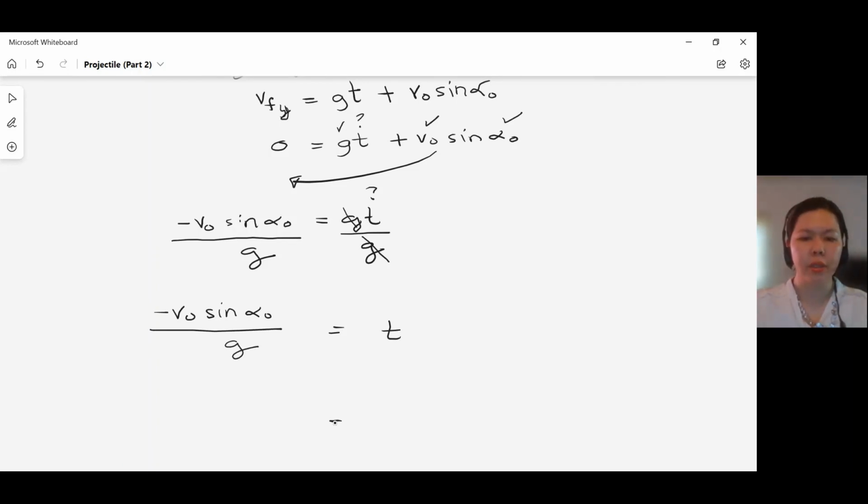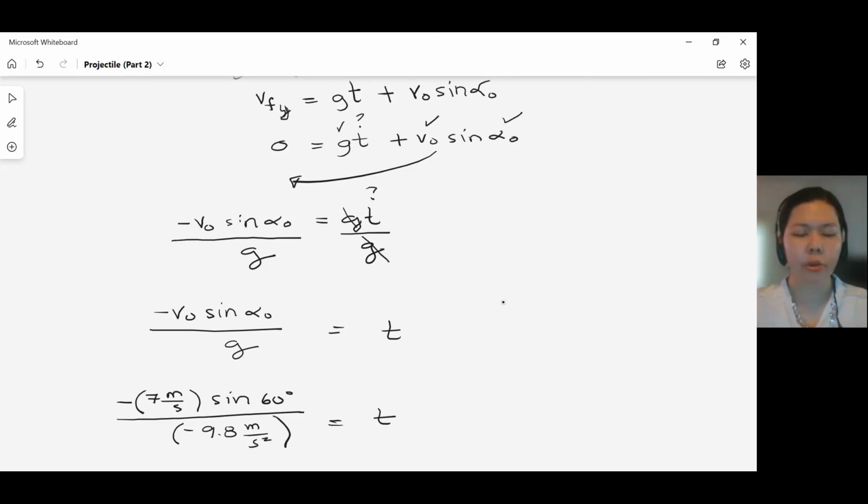Substituting the given, we have negative V naught, which is 7 meters per second, sine 60 degrees, over G, which is negative 9.8 meters per second squared.